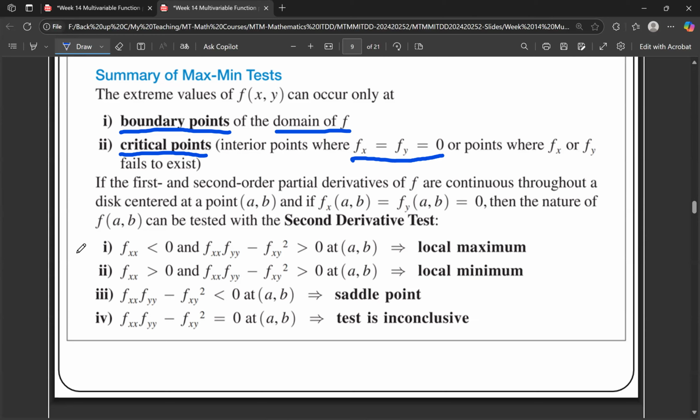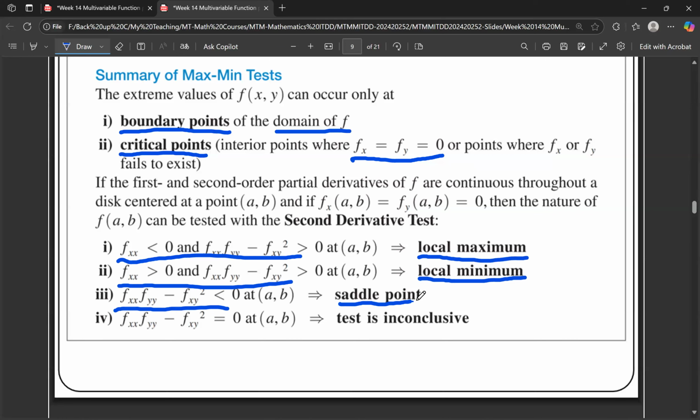And then using this test, if we have this one, the conclusion is local minimum. If we have this one, the conclusion is saddle point, and if we have this one, there is no conclusion, so maybe we need another test to find the conclusion.